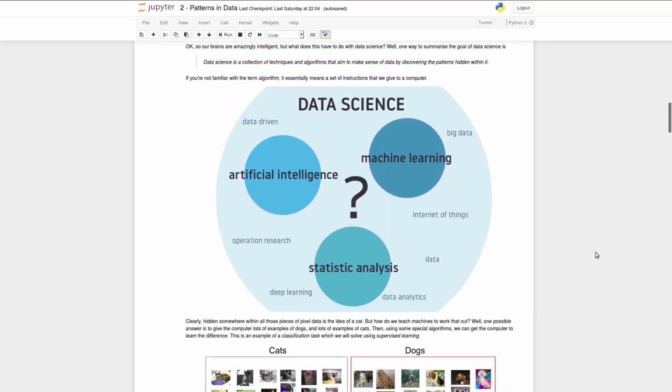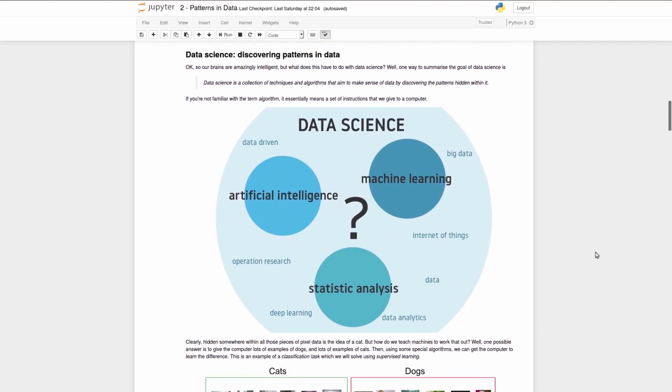And data science as a field contains a bunch of different subfields, including artificial intelligence, machine learning, and statistical analysis. But all of these things are really just more specific methods to complete that same task, to make sense of huge amounts of data and discover patterns inside it. So how would we potentially go about writing a computer algorithm to learn this kind of thing?